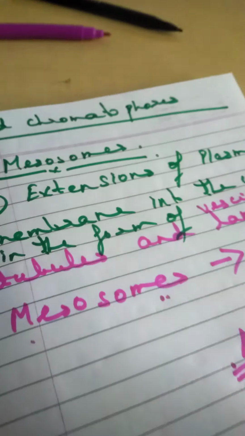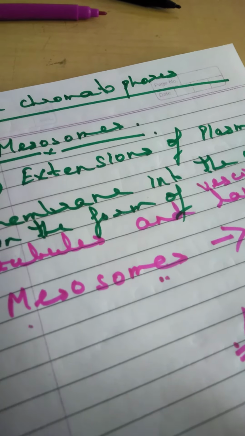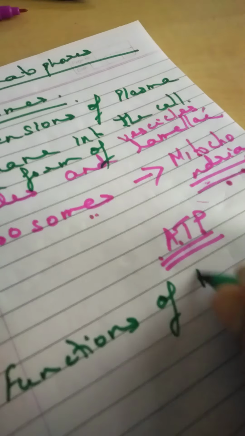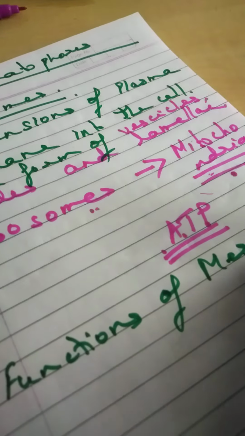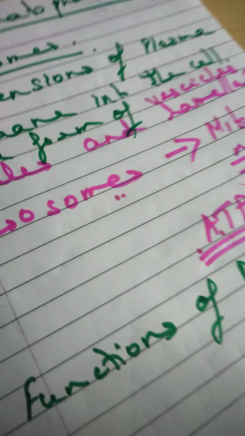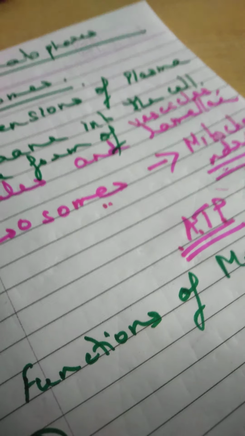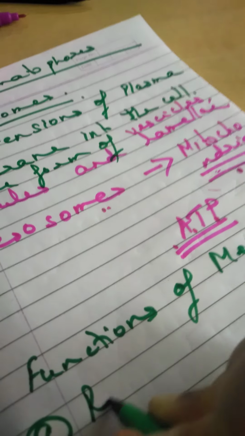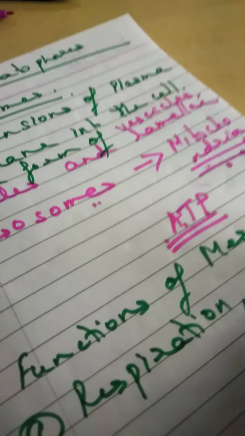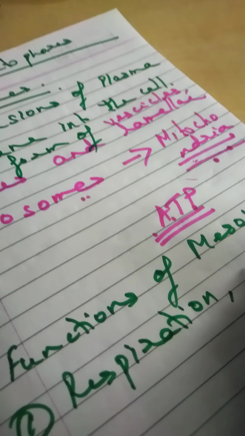Now, what are the functions of the mesosomes? First function is that it helps in respiration and cellular secretion.